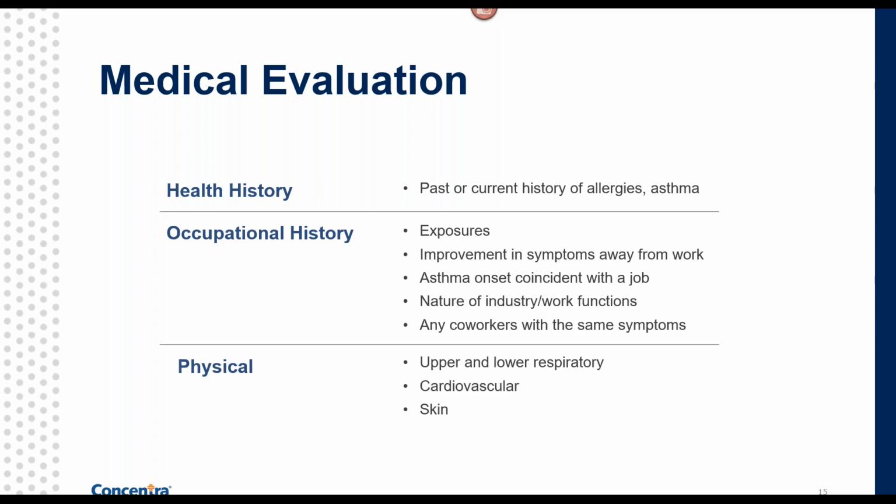Let's walk through a typical medical evaluation for a substance known to be highly sensitizing, like isocyanates. Isocyanate comes in a few forms. It is a chemical used in construction and manufacturing.